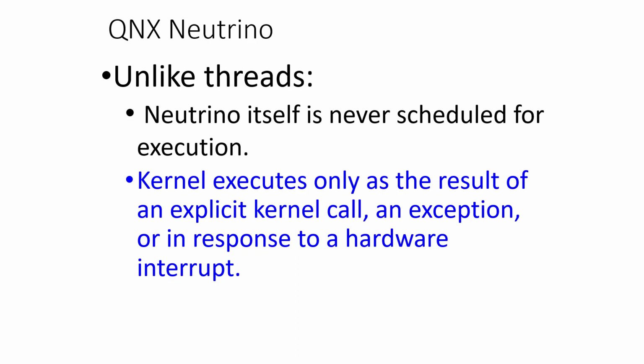But as I said, unlike regular operating systems, where the kernel will schedule itself and do bookkeeping or maintain other data structures, in this case, that doesn't happen. Only when we make an explicit kernel call or there is an exception or interrupt, then only the kernel will come up. It will get swapped in. It will do its job and then get swapped out.